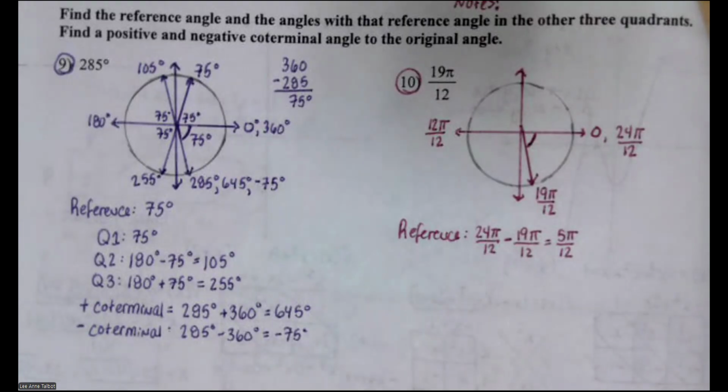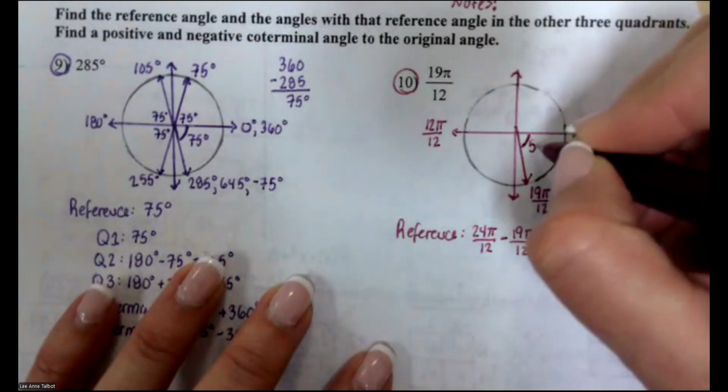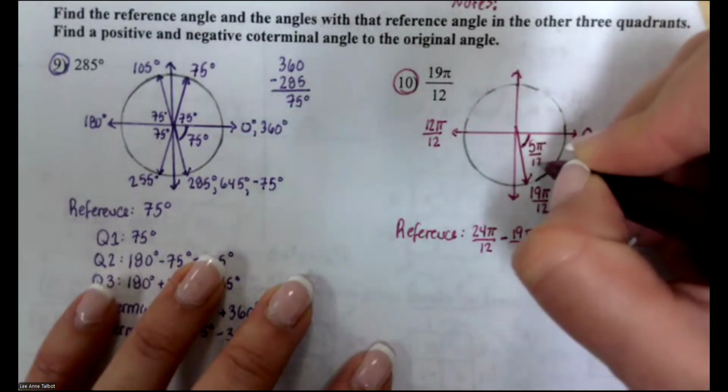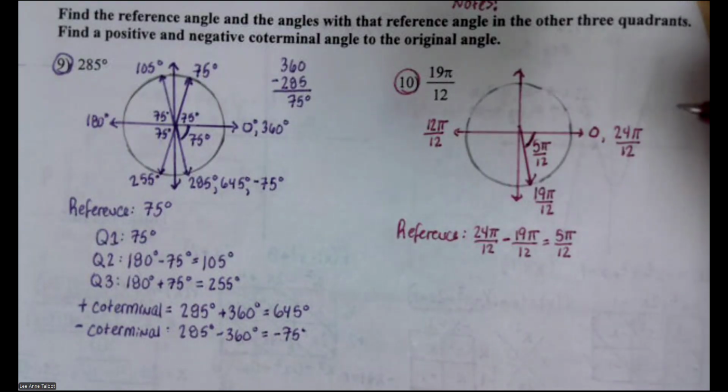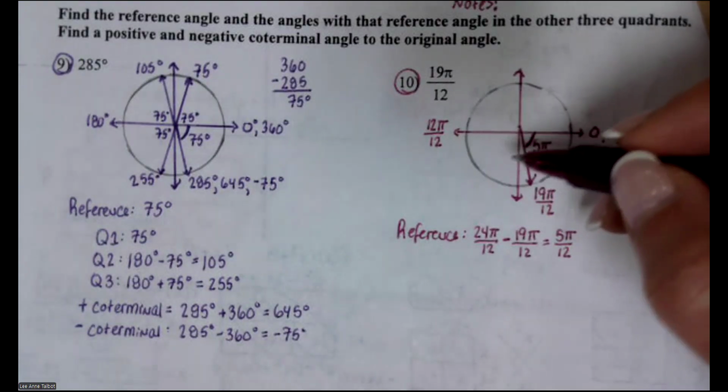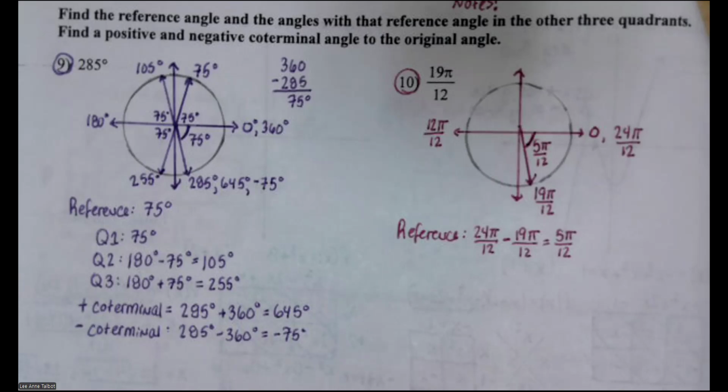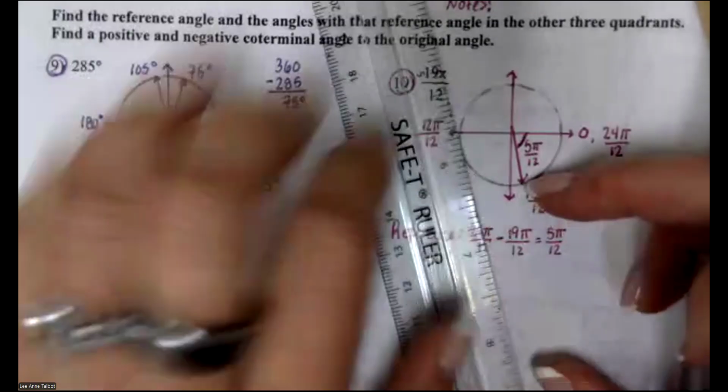What do you guys think that 5 pi over 12 is in degrees? 75. I'm not going to label all the 5 pi over 12s in the circle because it's just too much, but I am going to draw in the other arrows now.